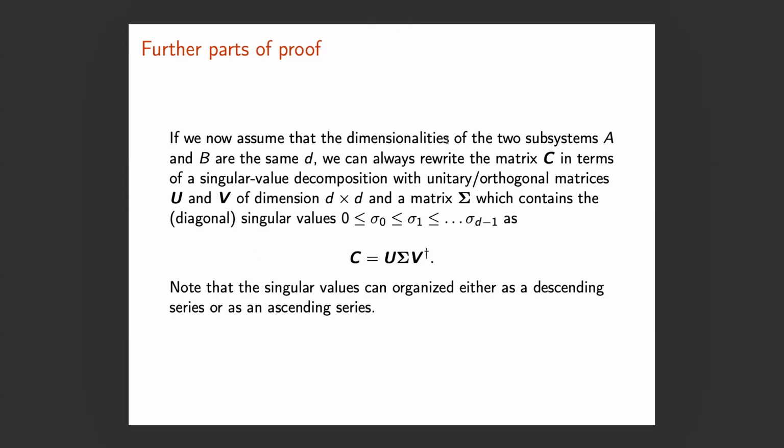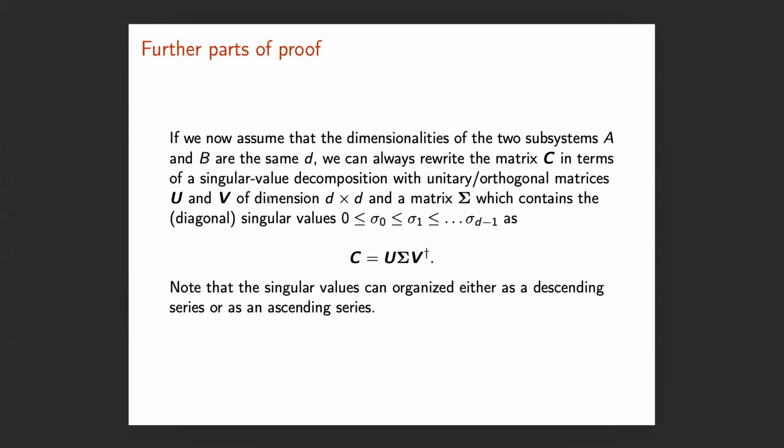If you now assume that the dimensionalities of the two subsystems are the same, you don't need to assume that, but let's just assume that. You can have different dimensionalities of the two subsystems. Think of this as qubit 0 and qubit 1 in system A and system B. So the states which we define, 0, 0, could be examples of that. Then you can always rewrite that matrix in terms of a singular value decomposition. We know that every matrix can always be singular value decomposed.